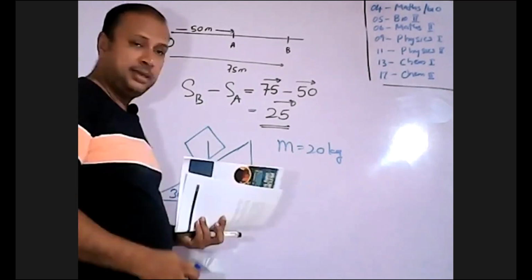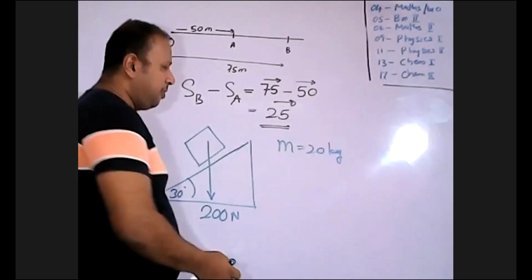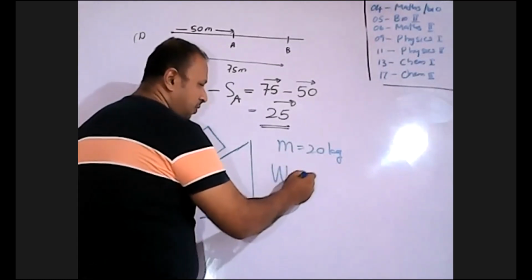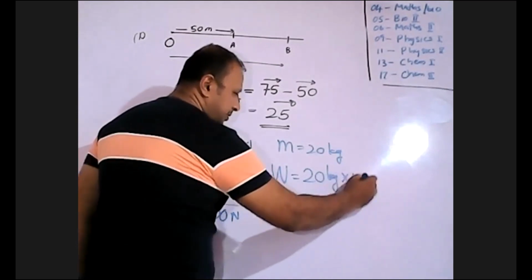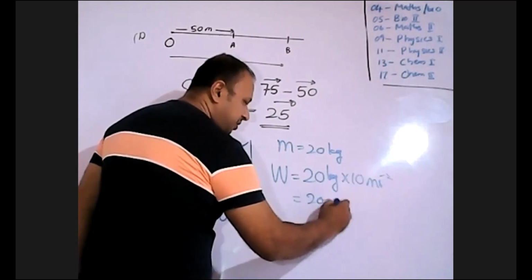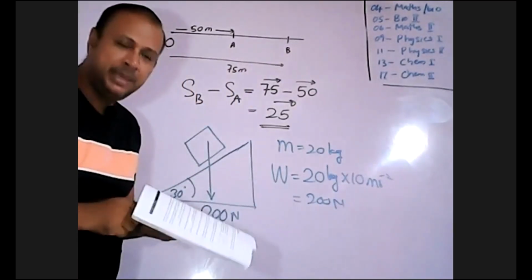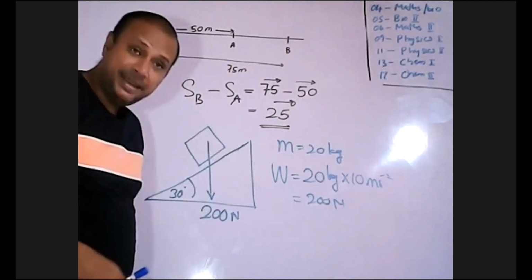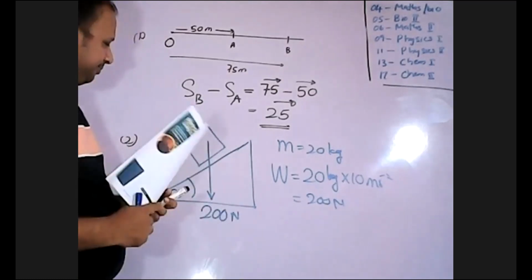I think you have learned these things in your O/Ls. Therefore, the weight is equal to 20 kg into 10 ms^-2. That means 200 Newton. You can simply multiply the mass by 10 and write it as Newton.